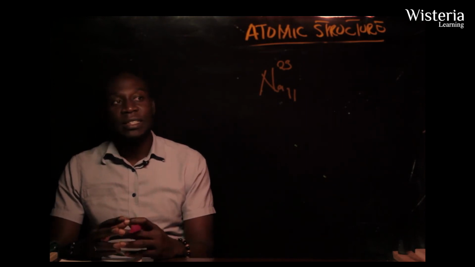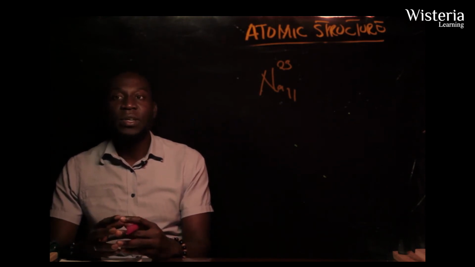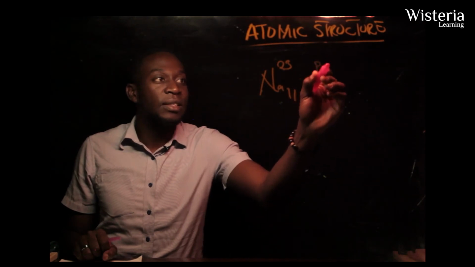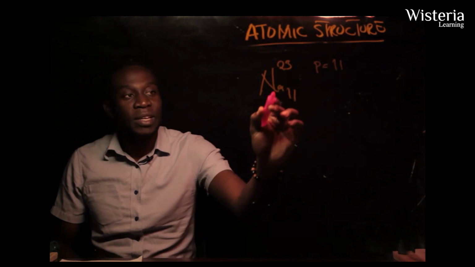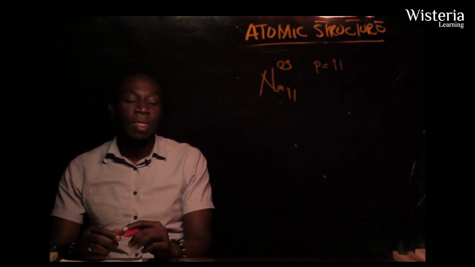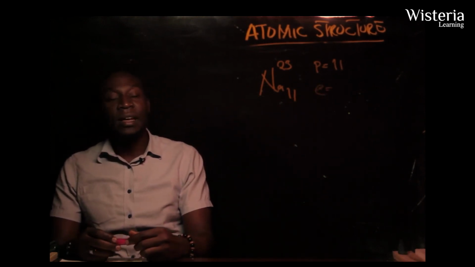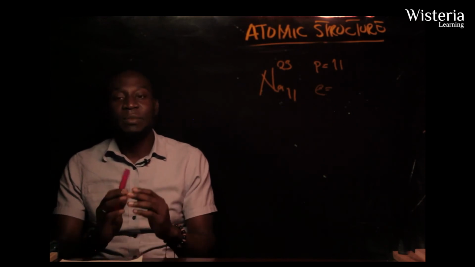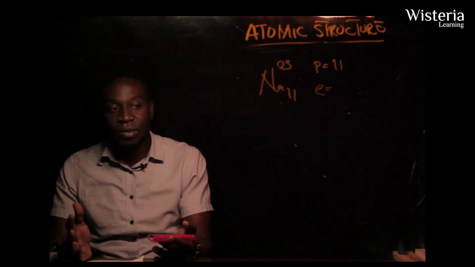We have said that the atomic number is the number of protons in the nucleus of an atom. So what does it mean? The number of protons is equal to 11. Then the number of electrons: we have said an atom is the smallest neutral particle of an element.